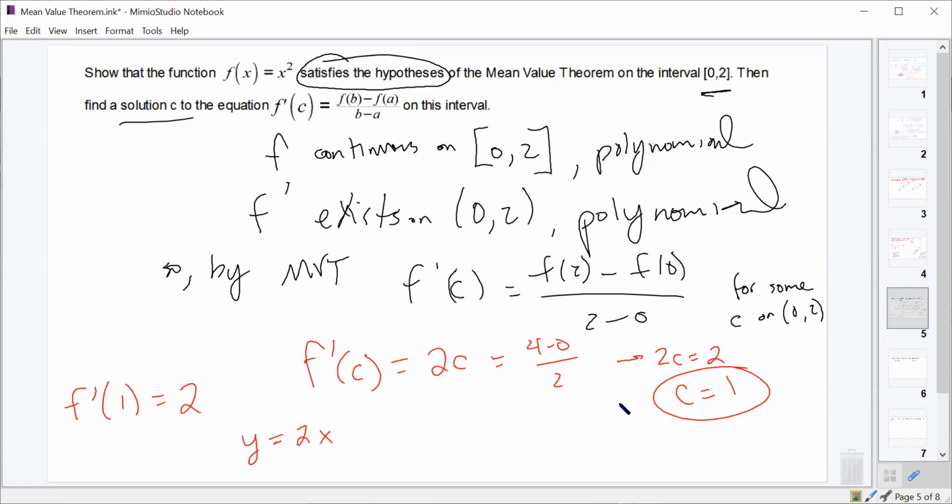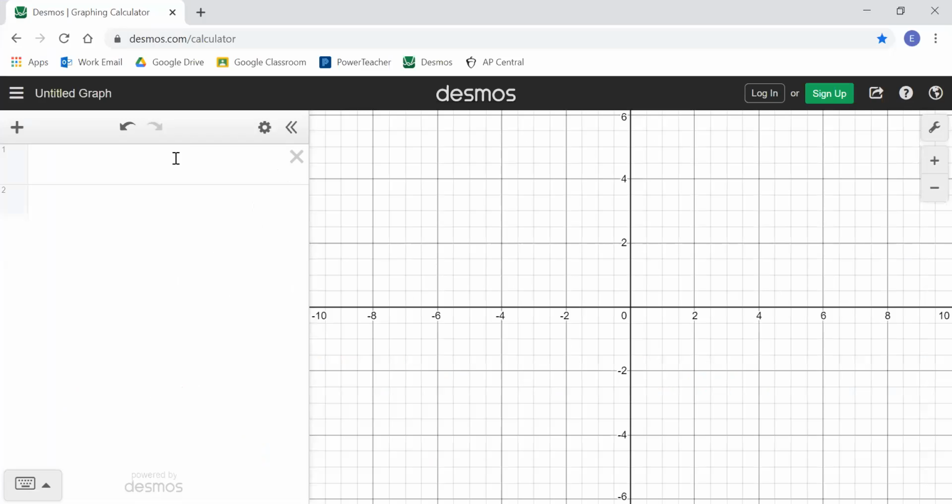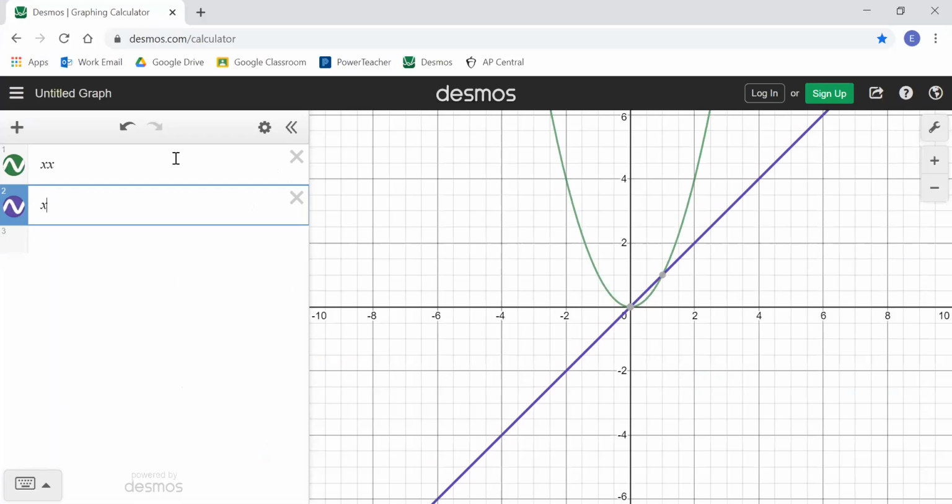And for the one that goes through the point 1, 1, it should be y minus 1 equals 2 times x minus 1. So there's our tangent line equation. There's our secant line equation. And if we were to go in and take a look in Desmos, we would see that when we graph this, there's our parabola. There's y equals, sorry, not y equals x, y equals 2x, right?